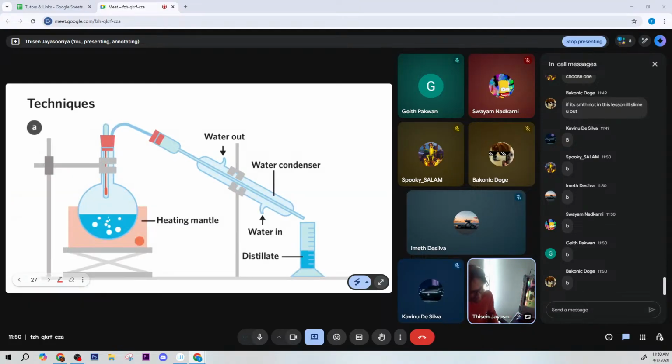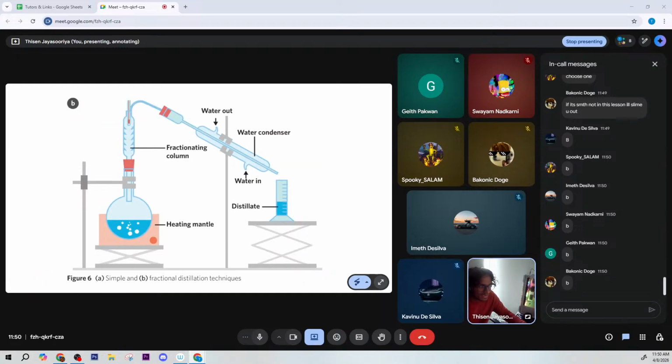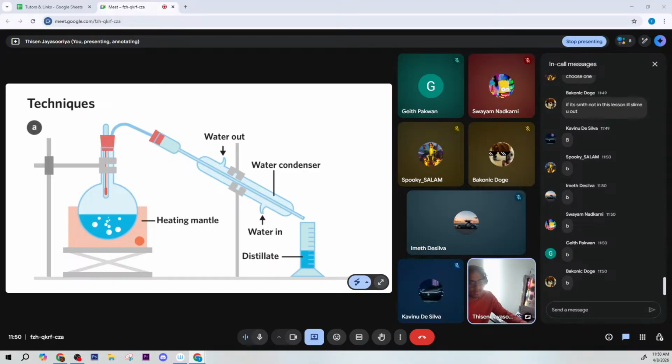So now, here we have our two types of distillation, right? This one is simple distillation. This one over here is fractional distillation. Now, I'll explain what simple distillation is first. Simple distillation allows you to separate two compounds based on their boiling point.